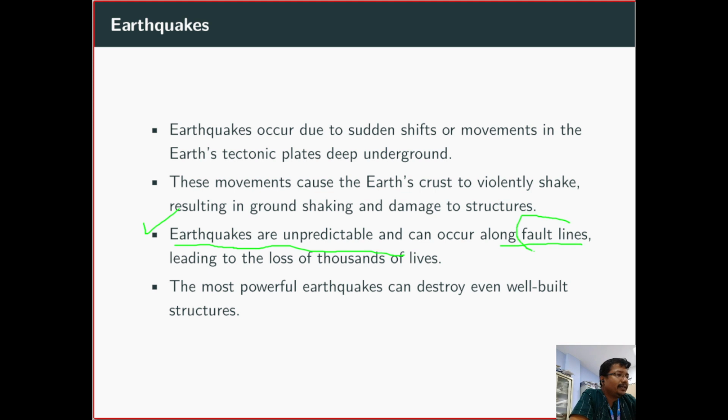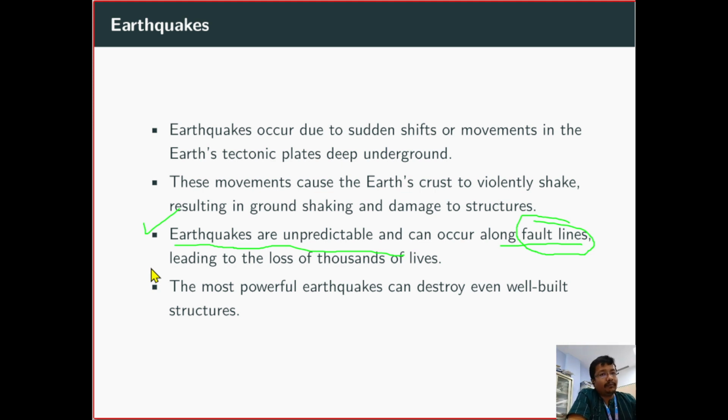What is a fault line? Can anyone say what a fault line is? Cracks found between two places, like that. See, below the Hirakud Dam there is a fault line.